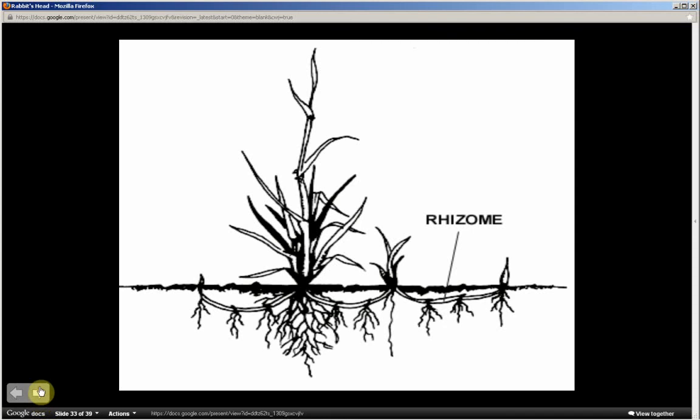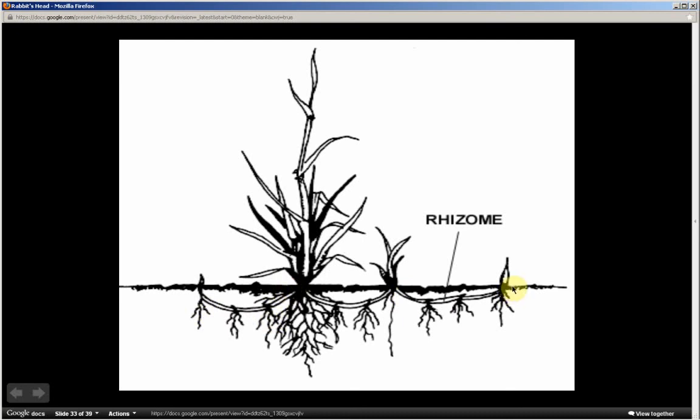Now this plant has a rhizomous root system that bears tubers. This picture is not of the rabbit's head, but it is shown to give you an example of what a rhizomous root system looks like.